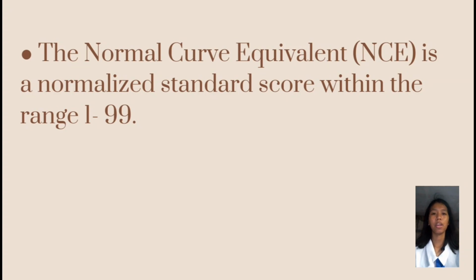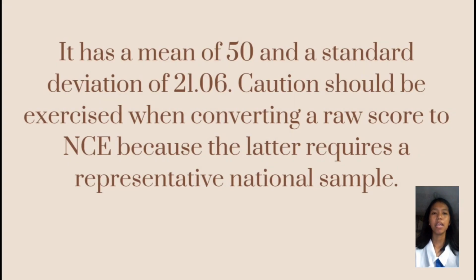First is normal curve equivalent. Normal curve equivalent is a normalized standard score within the range 1 to 99. It has a mean of 50 and a standard deviation of 21.06.